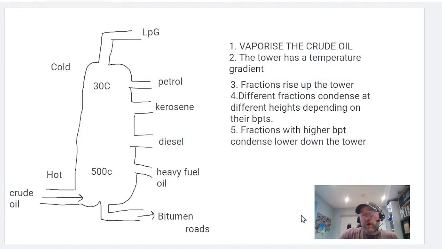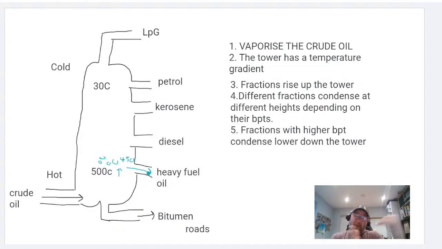Let's say heavy oil boils at 490. So heavy oil turns into a gas at 490. So straight in the tower, heavy oil here in blue has turned into a gas. But as it rises up the tower and it gets to say below 490, let's say it gets to 450, it loses its energy that needed to keep the molecules apart and break the forces.